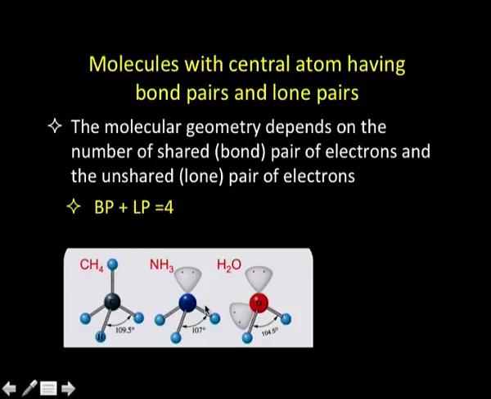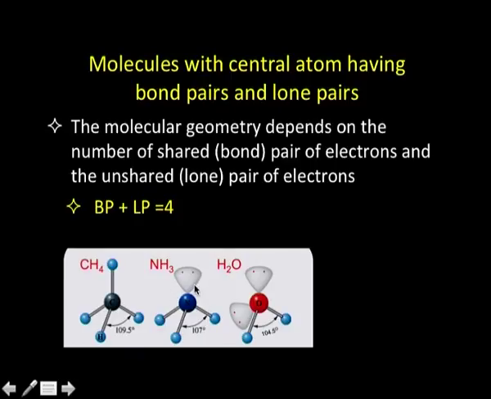In case of ammonia, we find that there are 3 bond pairs there, 1, 2, 3 NH bonds, and there is 1 lone pair of electrons on the nitrogen atom. So there are a total of 4 electron pairs, and here again the electron pair geometry will be tetrahedral, because the electron pairs are disposed in the form of a tetrahedron.